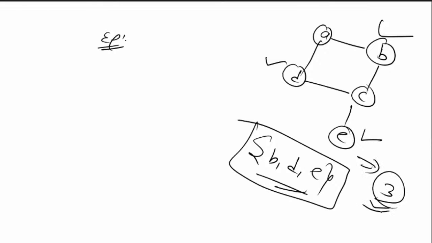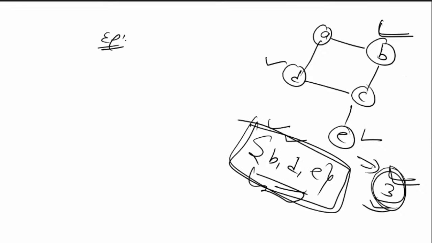You can see B is non-adjacent to D, D is non-adjacent to E, and E is non-adjacent to B. That's why this is an independent set, and this is the maximum independent set that we can make. Hence the independence number will be 3.